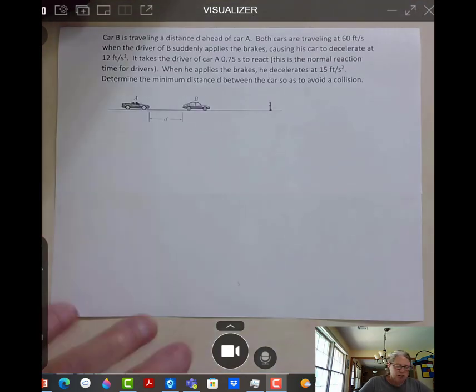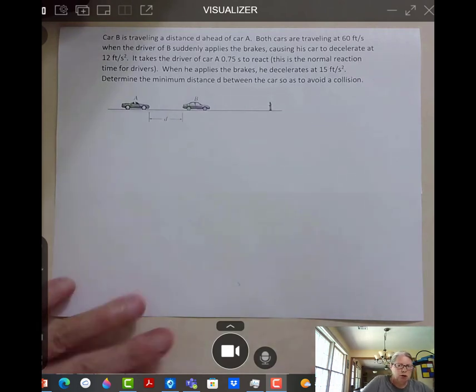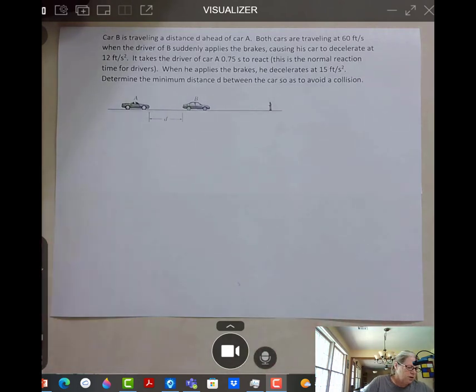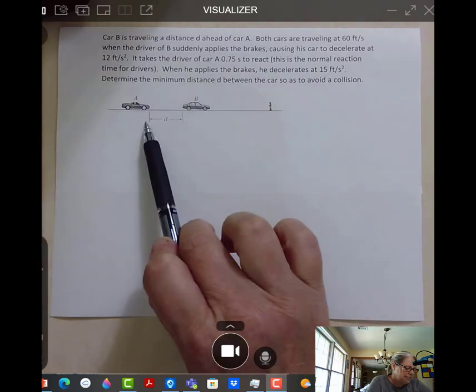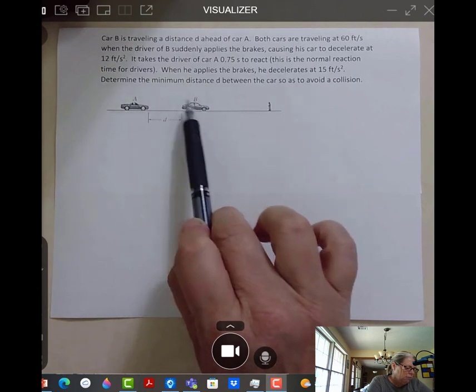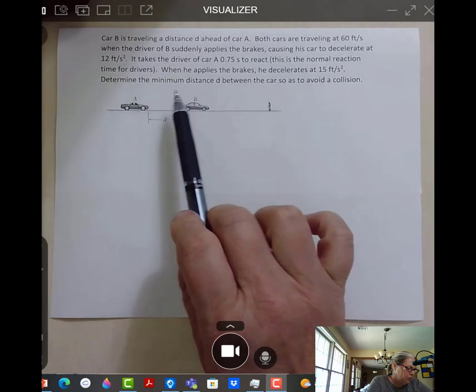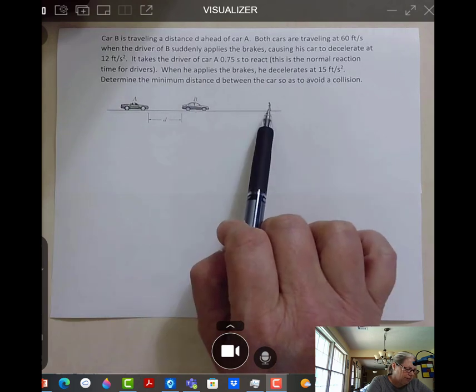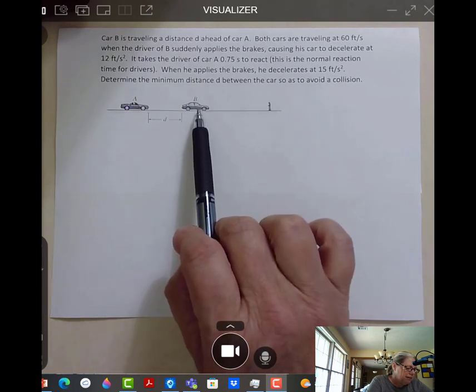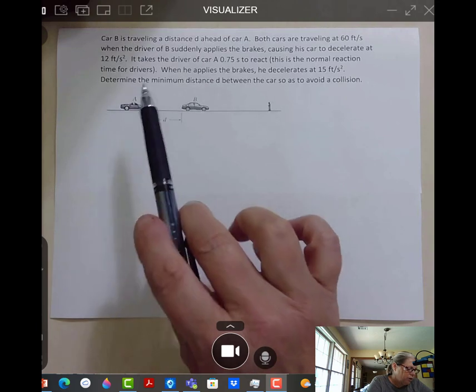So yeah, it's just a great way to play around and learn. Okay, so this problem is probably a little bit more difficult than what we've been doing, but hopefully you're kind of picking this up. We have car B that's traveling a distance D ahead of car A. Both cars are traveling at 60 feet per second when driver B suddenly applies the brakes, causing his car to decelerate at 12 feet per second squared.